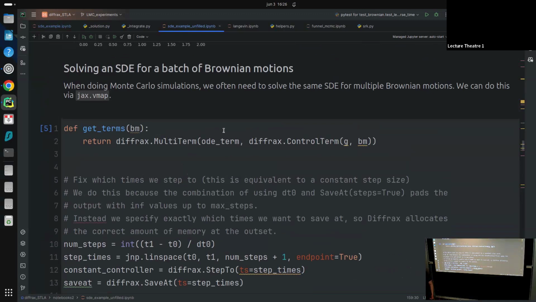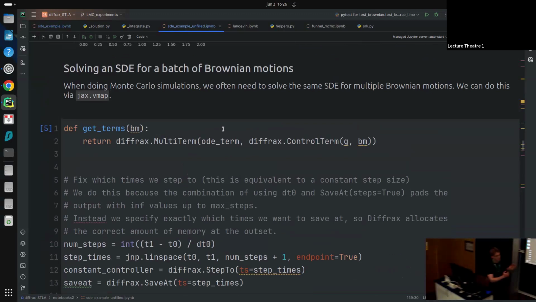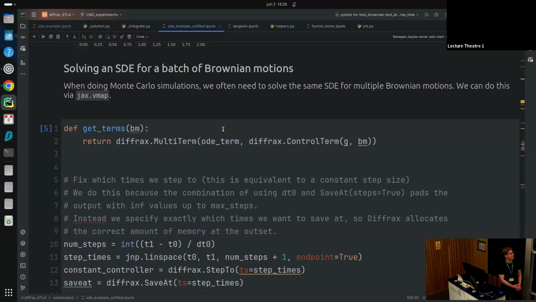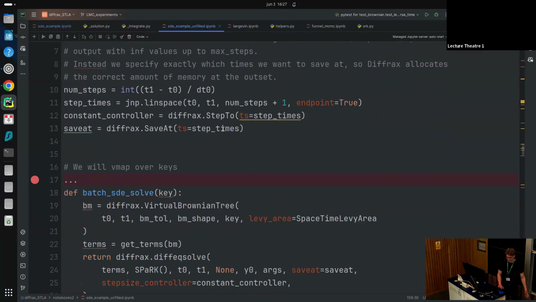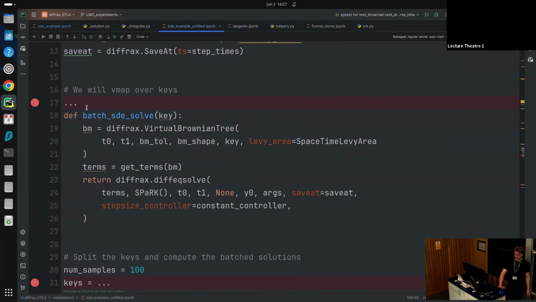Okay, now we want to go towards the more fancy things that JAX can do. So for example, we want to run this same SDE for many Brownian paths. So for example, if we're trying to estimate some function or an expectation of some function, right? We want to take this expectation over many Brownian paths, right? We want to use the same sort of procedure, but we will vmap over it.